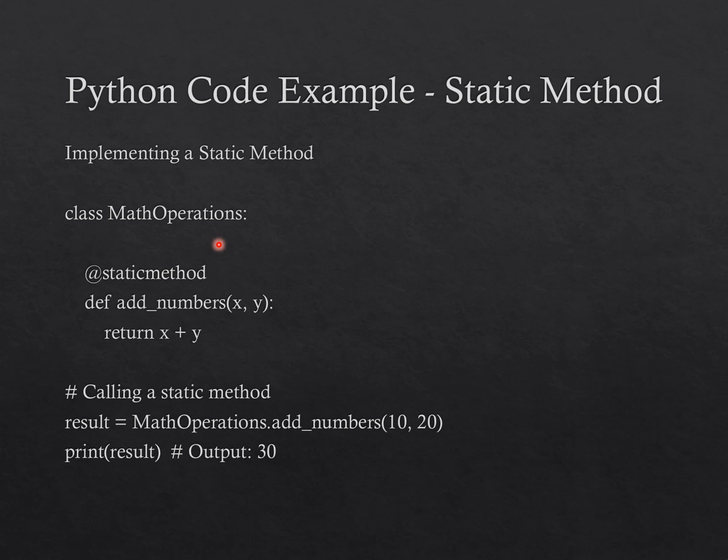You can create an instance of that class and then call it, but for calling the static method, it doesn't necessarily require any object to be created. You can directly call it like this, class dot that static method.